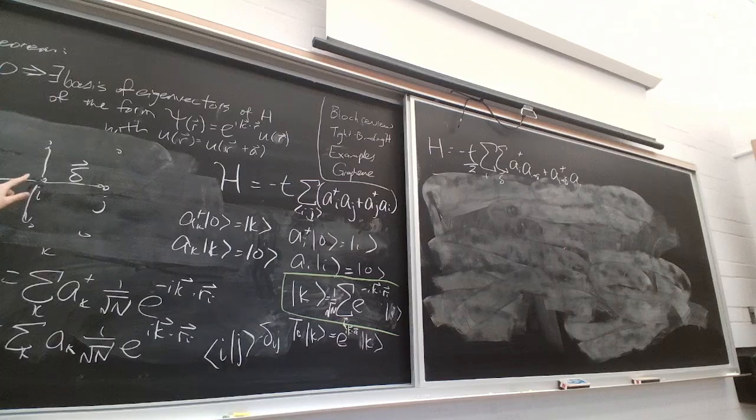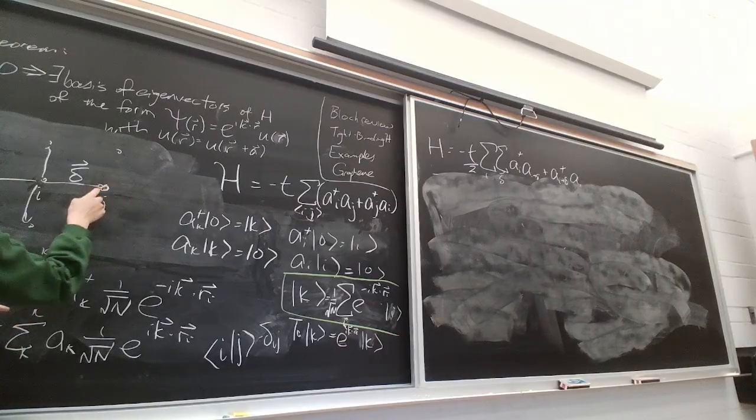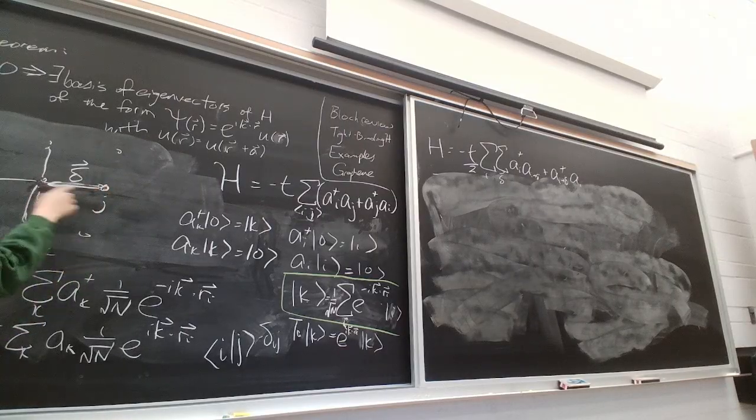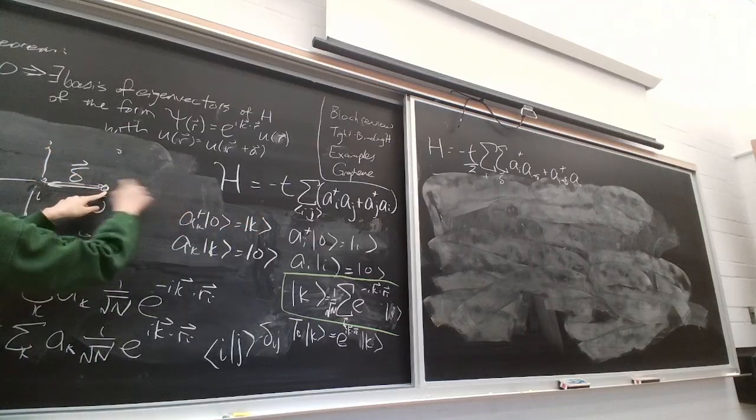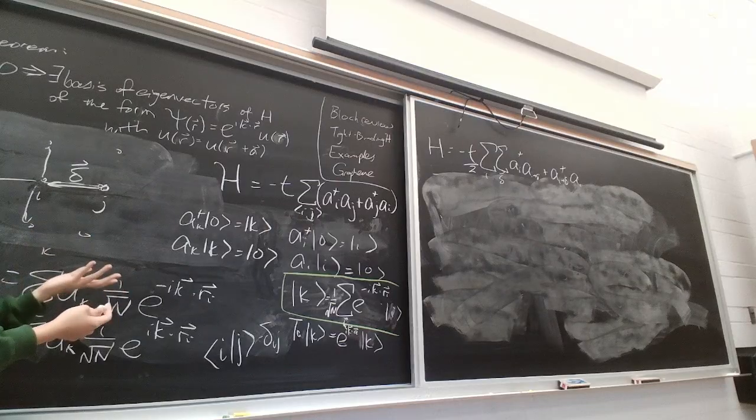Because there's an overcounting factor based on how you choose your neighboring sites. Like if I choose the site J, then you would overcount this vector. The hopping between I and J, you sum over the pairs, but based on where you choose your site to be, you get this overcounting factor. Right.